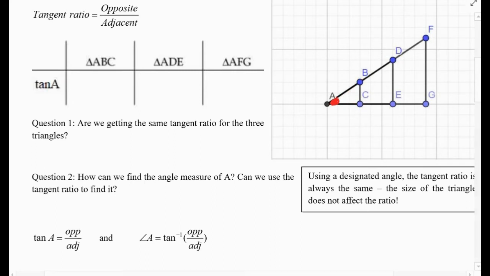Before we start, we have to label each side. If we are using angle A, BC is the opposite, and AB is the longest side, the hypotenuse.